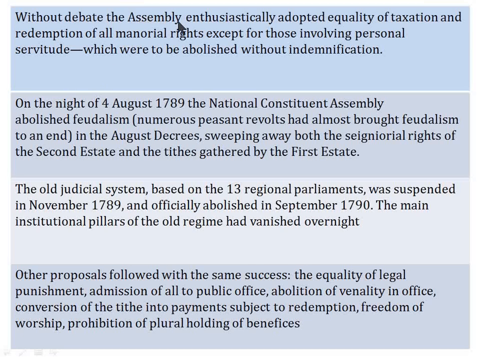Without debate, the assembly adopted something and did something with the rights of people, and something also abolished, something different has also been abolished, and they have also abolished something in this. They abolished feudalism in this, and here also they abolished something.